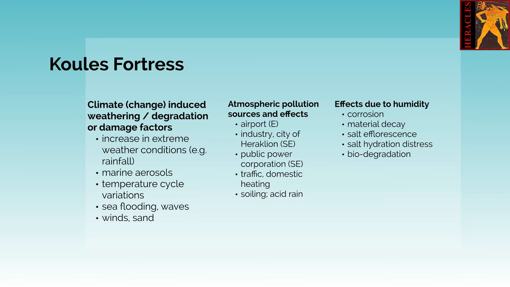Strong sea waves have constantly been causing damage to the built material and the foundation. Again, we have human-induced air pollution, which is affecting the fortress too. And humidity not only poses a threat to the built material, but also leads to corrosion.